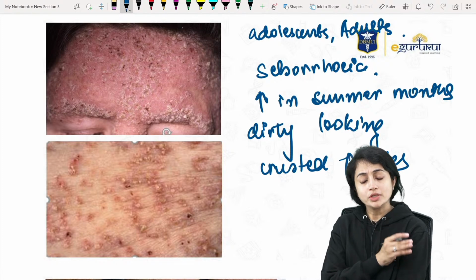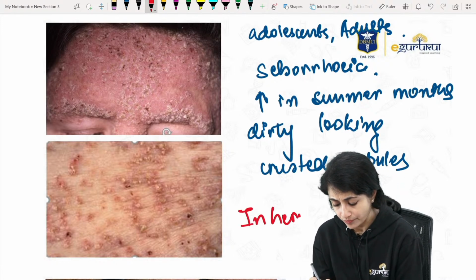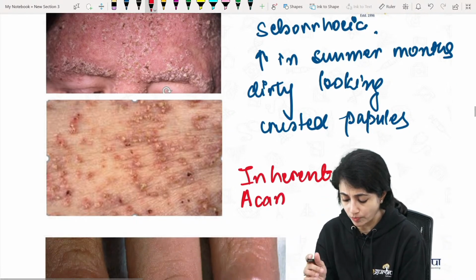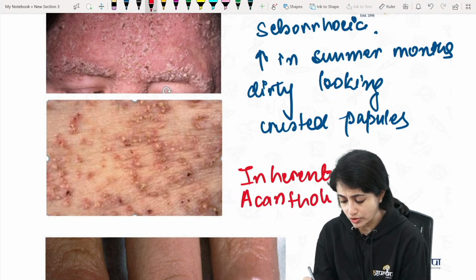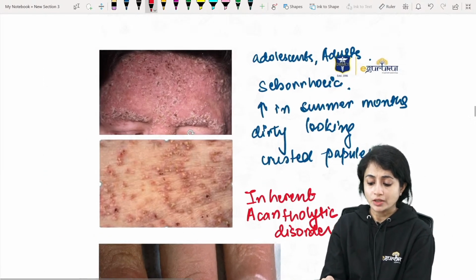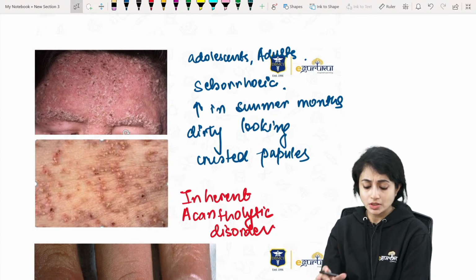Now, this is a type of inherited acantholytic disorder. There is some defect in the calcium transport pump and that leads to acantholysis. There are certain classical features of it: it's seen in adolescents and adults, in a seborrheic distribution, with an increase in summer months.